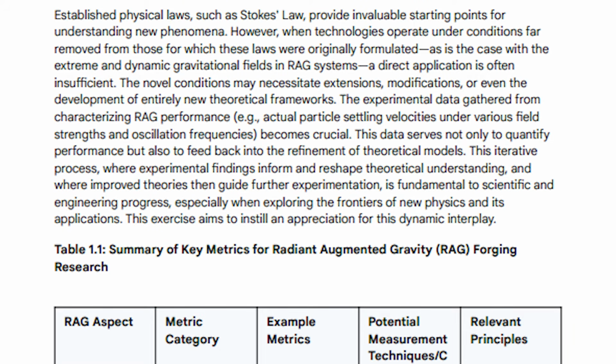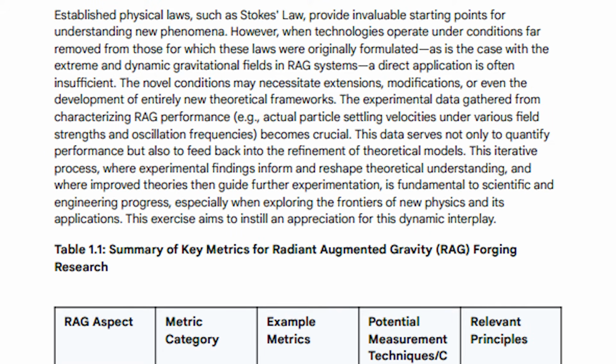The experimental data gathered from characterizing RAG performance, e.g., actual particle settling velocities under various field strengths and oscillation frequencies, becomes crucial. This data serves not only to quantify performance, but also to feed back into the refinement of theoretical models.